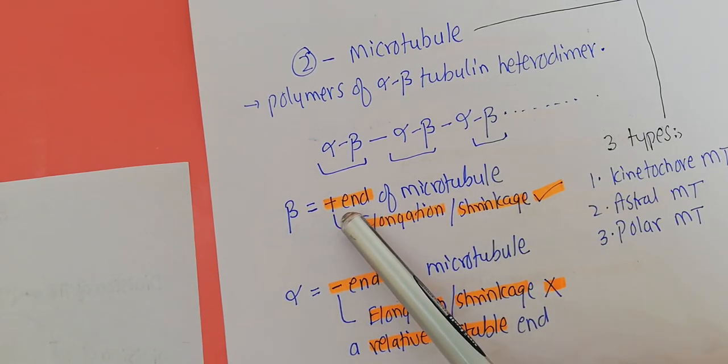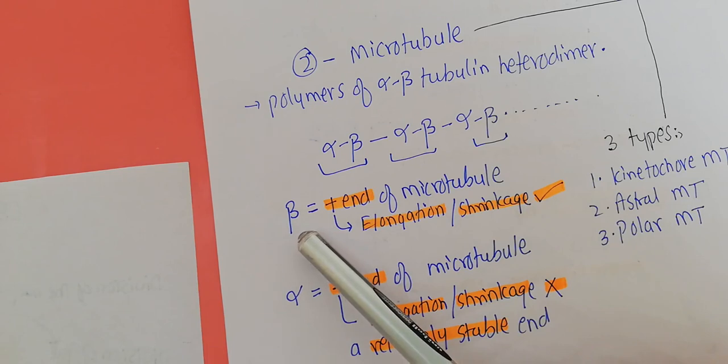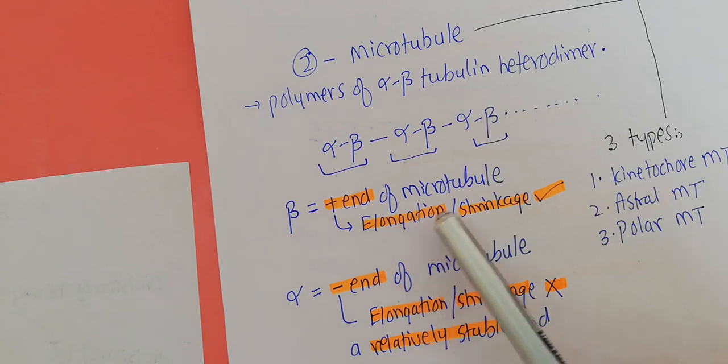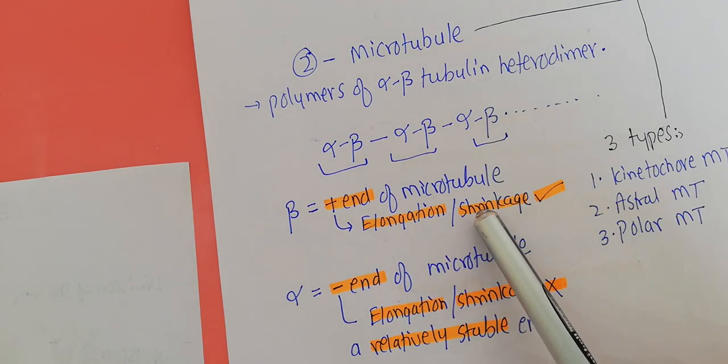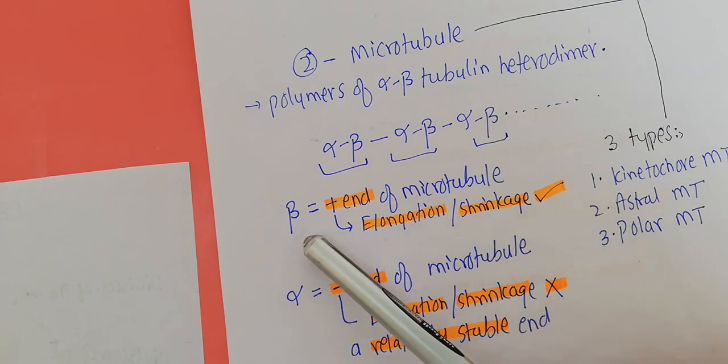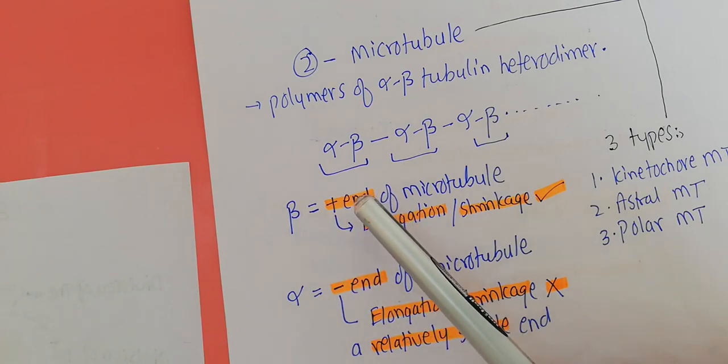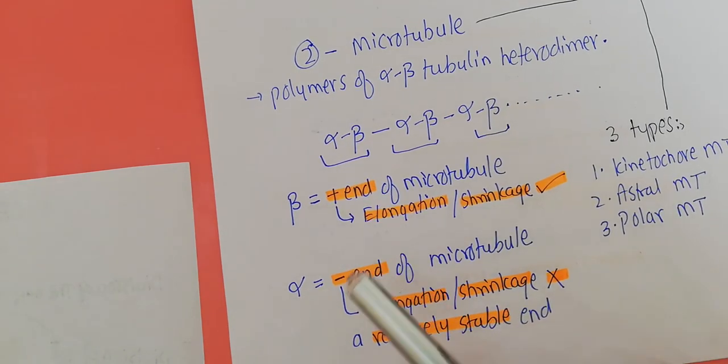The plus end of the microtubule, which is the beta tubulin, is that particular end where the processes of elongation as well as shrinkage occur. That means all of the activity of elongation and shrinkage happens at the beta end of the microtubule. Therefore we consider that the plus end, because all of the activity is going on at this particular end.